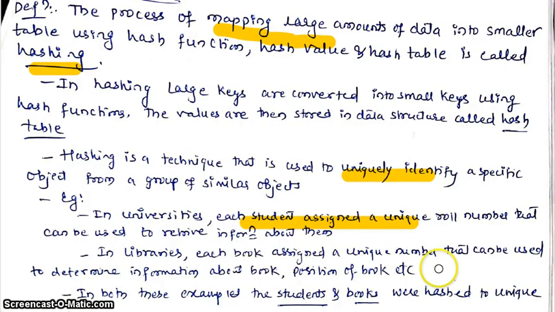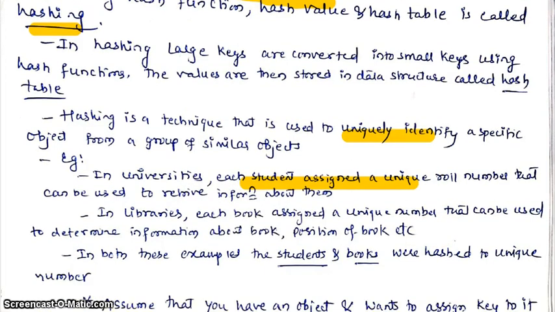Whenever you consider both of these examples, the students and the books, these were hashed to a unique number. The student information and the book information both were hashed to a unique number.